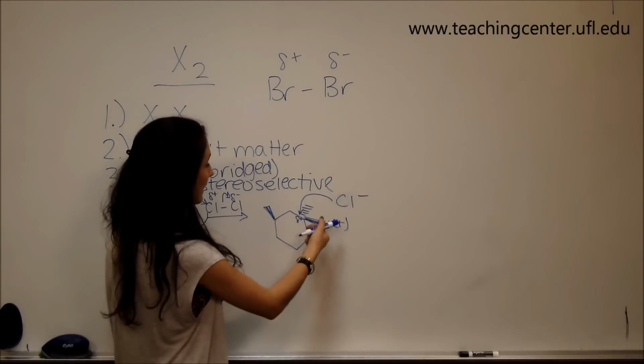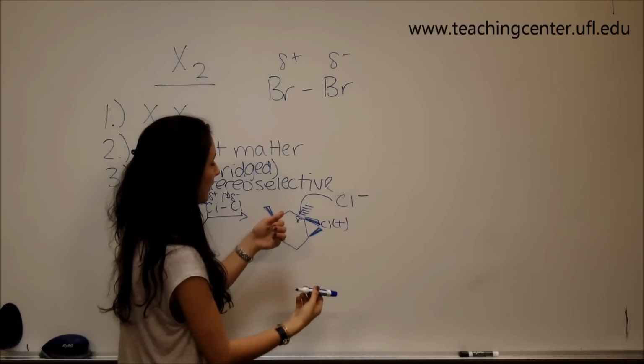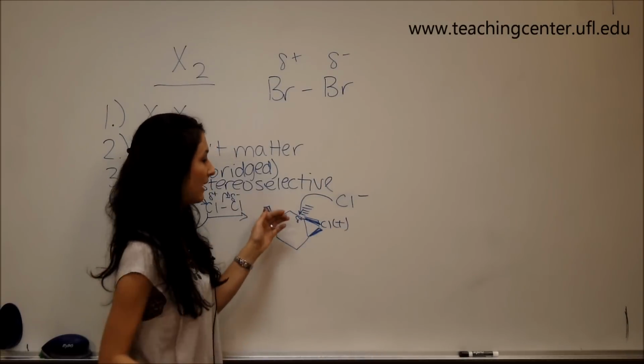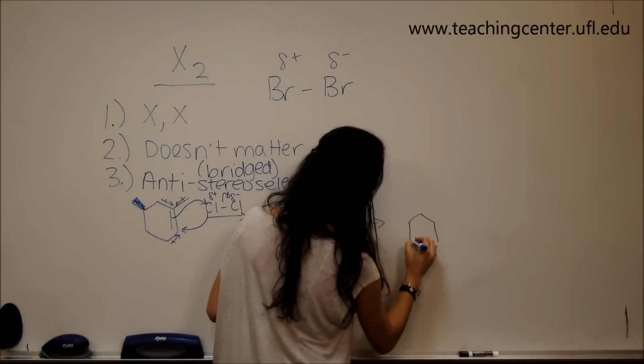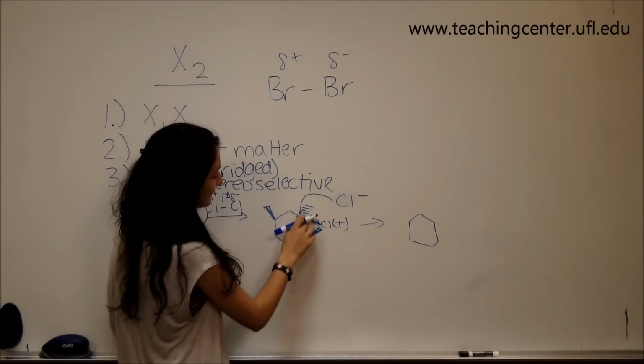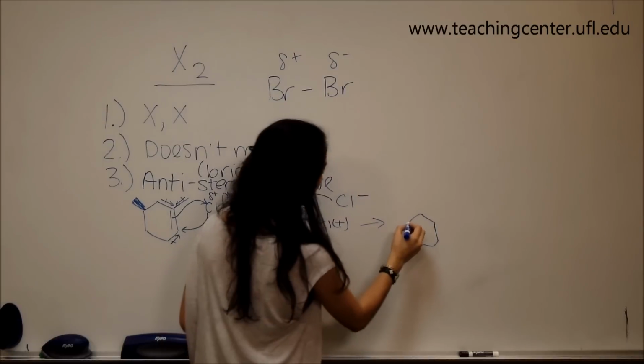If this were to attack, it couldn't come from the front face because that's where this chlorine is. So it had to have come from the back side. If it came from the back side, then it would be pushing things forward. This is also in the back, so it has to move this methyl forward and subsequently breaks this bond here to the chlorine.